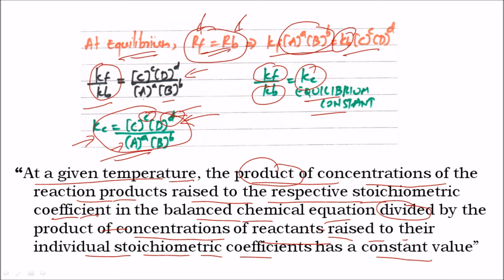The constant value we take as the equilibrium constant, symbol Kc. So this we can take as the law of chemical equilibrium.